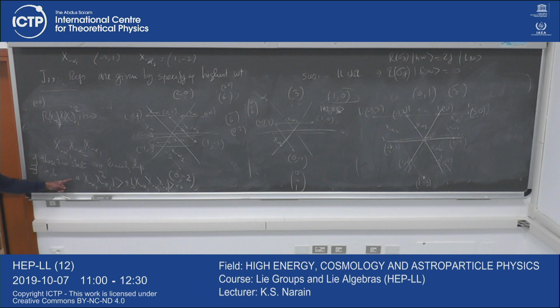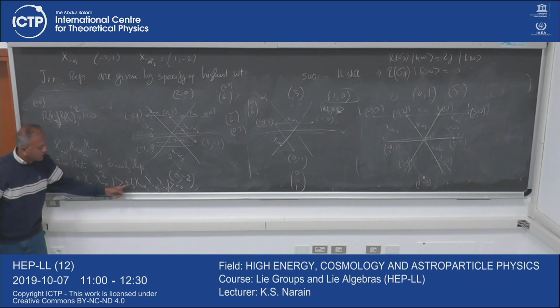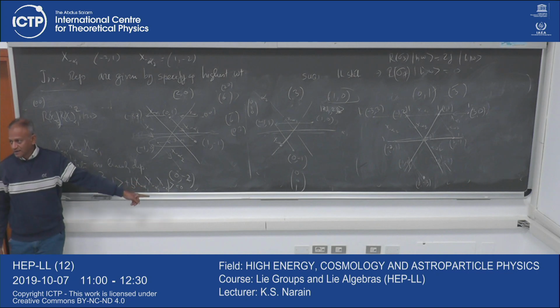Then I should be able to find some non-zero a and b such that this is true, if they are linearly dependent. If I cannot find any non-zero a and b which satisfies this equation, then that would mean that these two states are linearly independent.